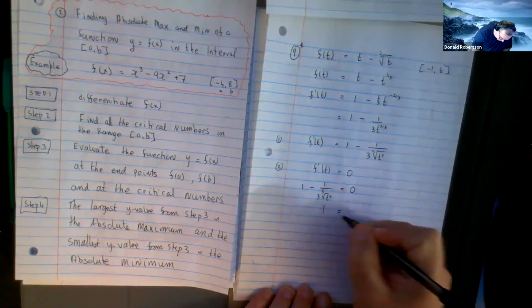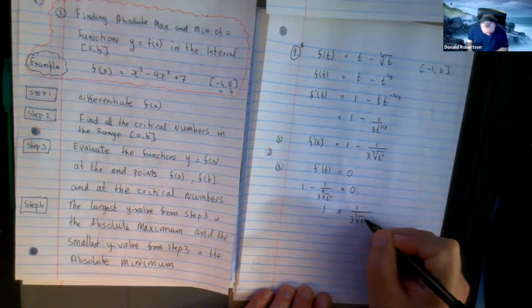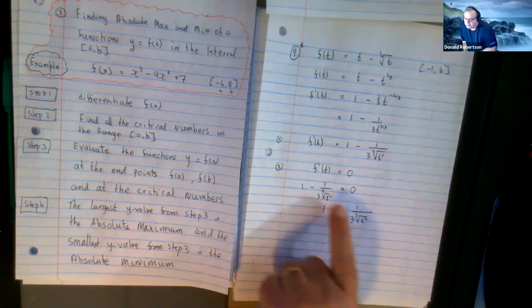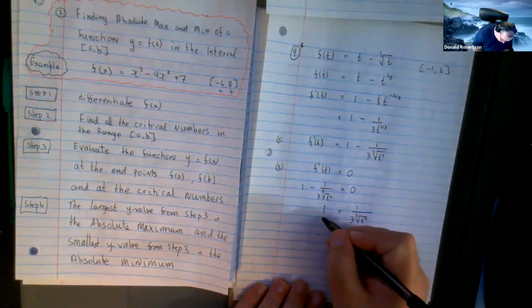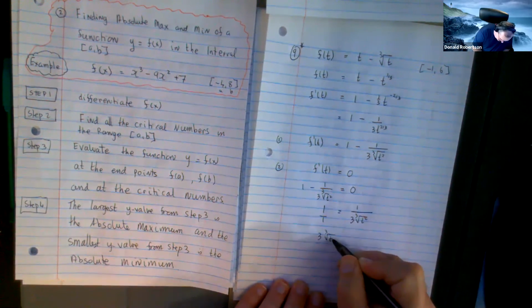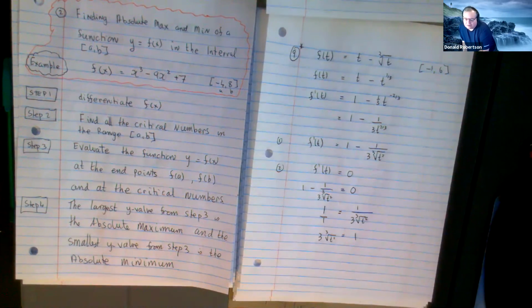Okay, how about this? I'm going to add that ugly guy to both sides. And then I'm going to cross multiply. And I'm going to get that. And if you did what Ethan said, you would be looking at the exact same thing.